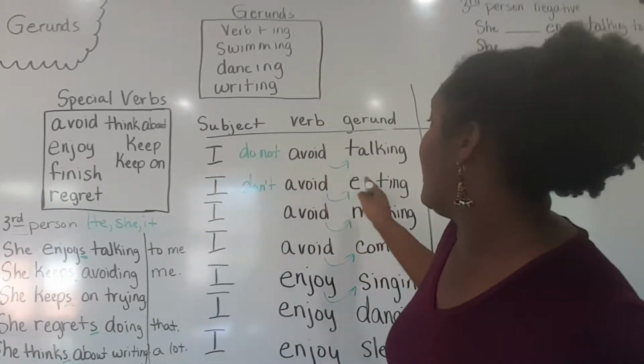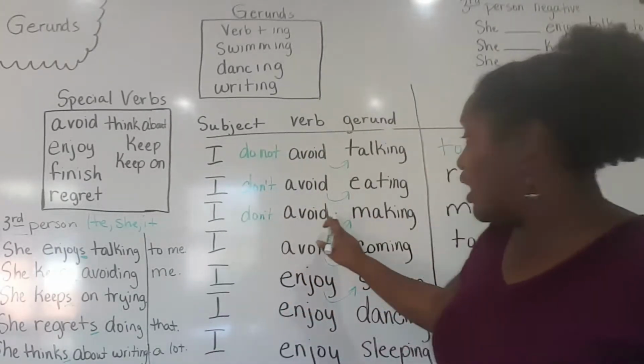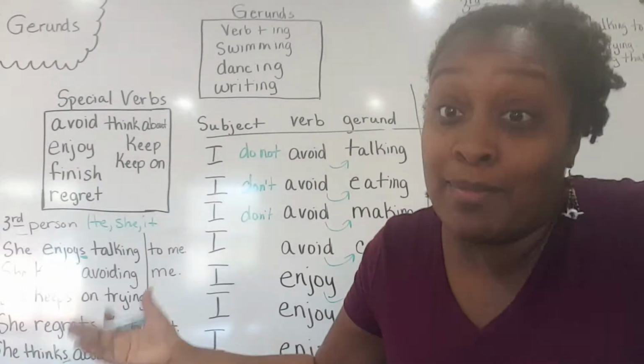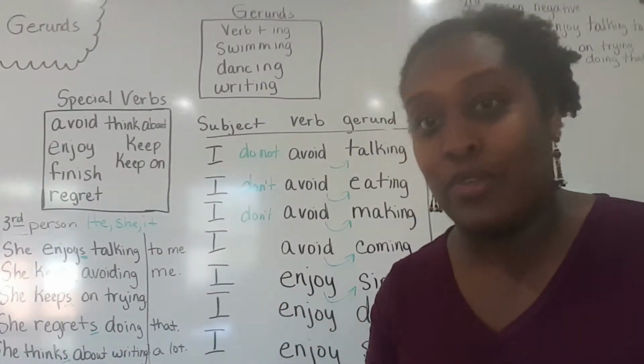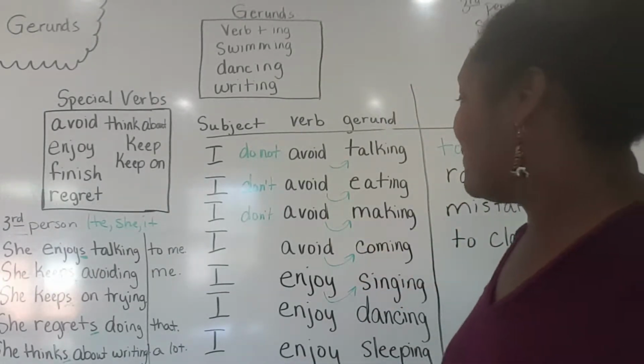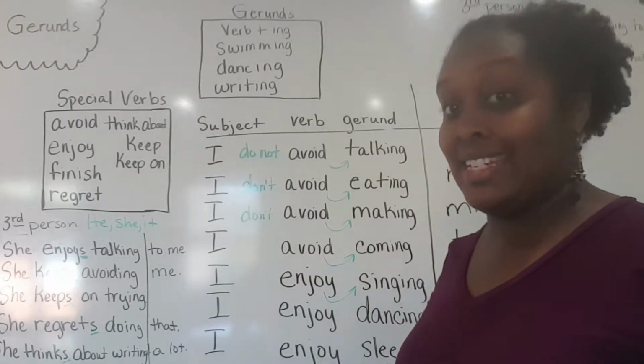I don't avoid eating. I don't avoid making mistakes. Well, I hope you avoid making mistakes. I mean, everyone should try to avoid making mistakes, but for example, okay, I don't avoid coming late to class.